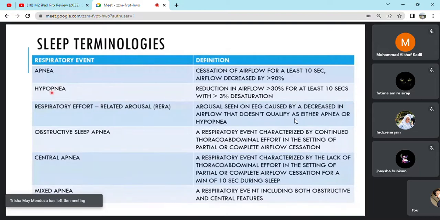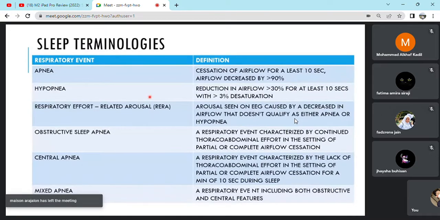Okay? Hypopnea, on the other hand, is a reduction in your airflow more than 30% for at least 10 seconds. In here, you will still see that there is waveforms, no? Kung i-correlate natin with the presence of waveform, ito ang apnea, it's purely flat line. But in your hypopnea, you will still see waveforms. However, it is actually reduced.